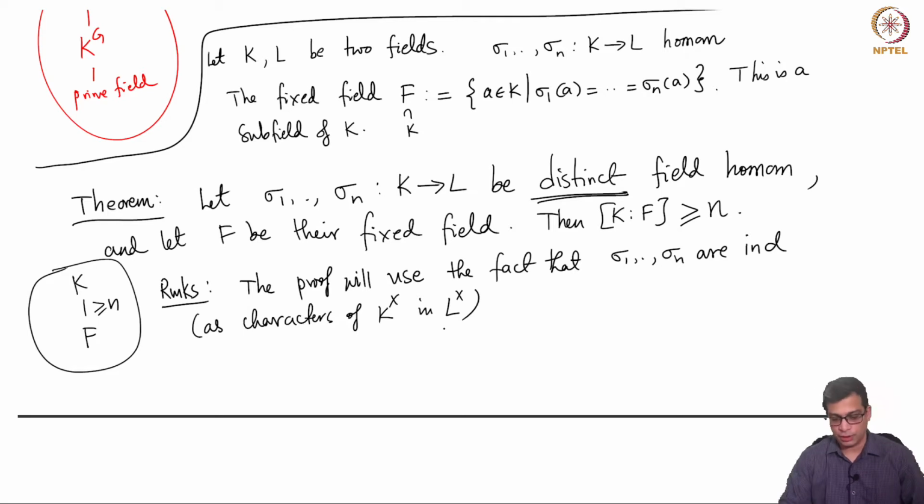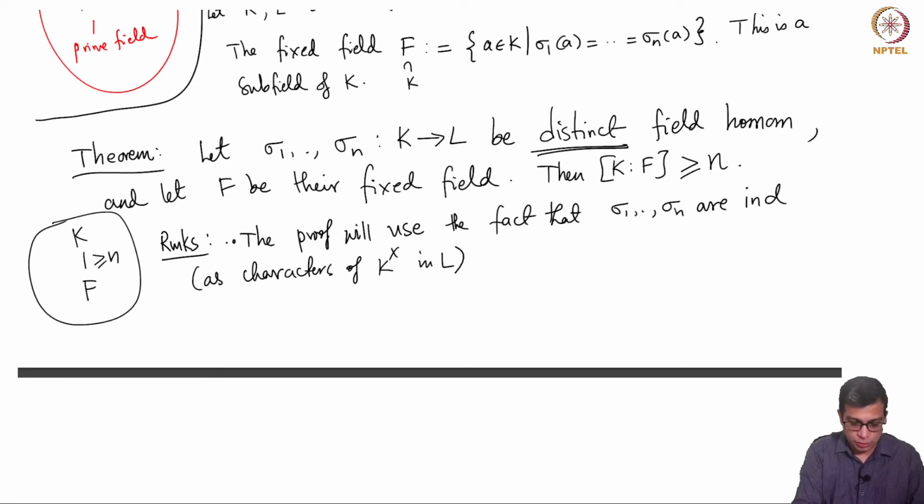So they are characters of the multiplicative group K cross in the field L, and they are distinct, so they are independent. This is our foundational theorem that we proved a couple of videos ago. This is the crucial ingredient in this theorem as well as in the next theorem. And the second remark is really an example.